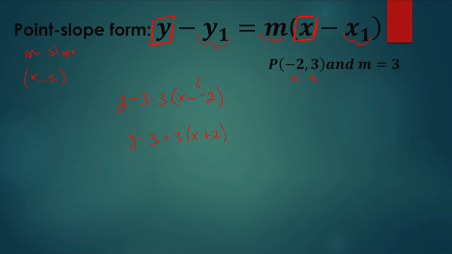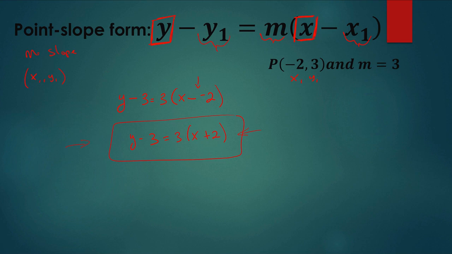Okay. And even though this looks a little bit different, right? It looks a little bit different because it's not in the form of y equals mx plus b, but we can actually get it in that form. But if they ever ask you to write an equation, that is good enough. That's an equation.